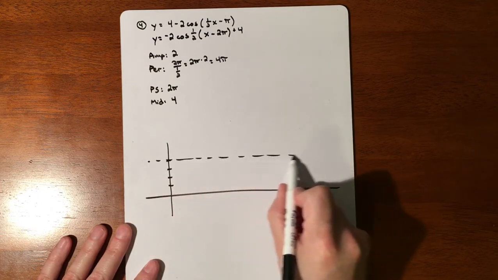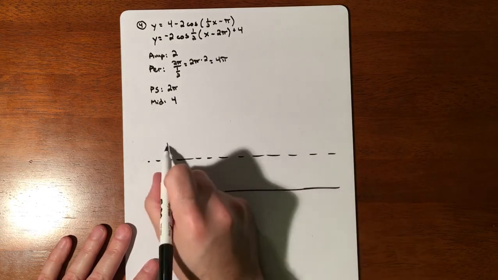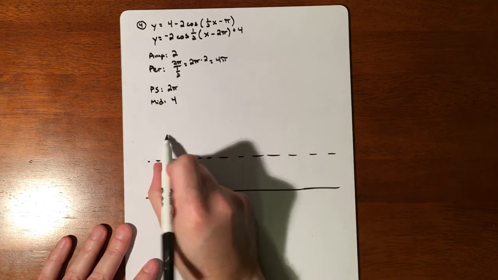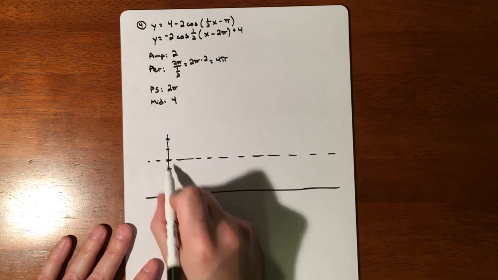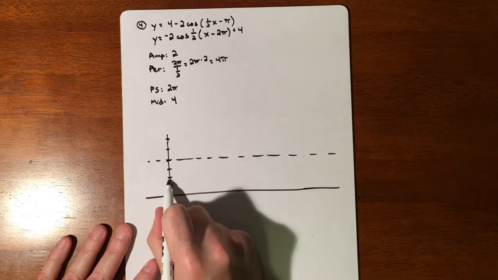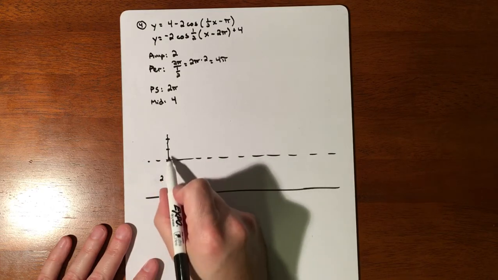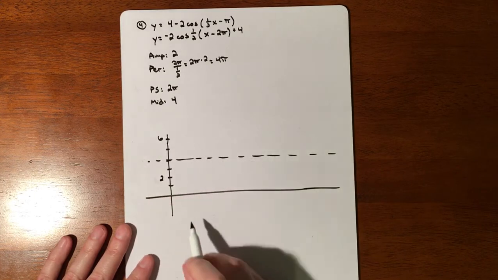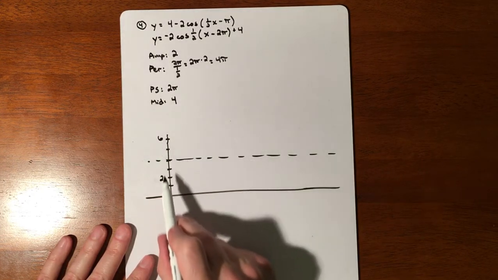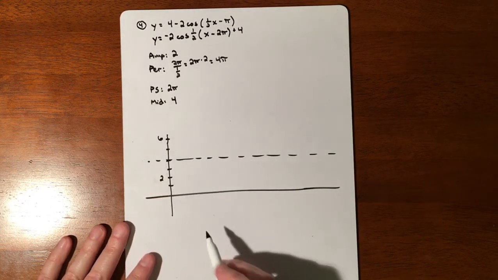New graph, new focus there. And then we're going to go up 2 from there, down 2. The numbers that I throw in are just the numbers for my amplitude. So we're going to range from 2, 4, and 6. All right, so our graph is going to fluctuate between 2 and 6.